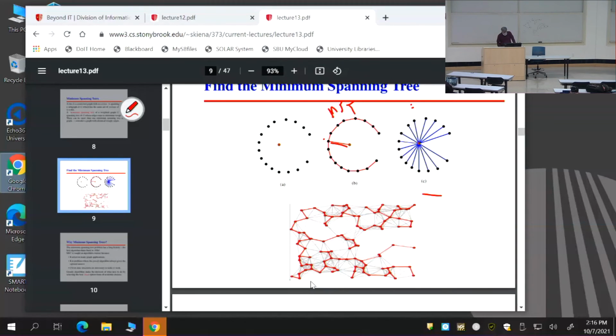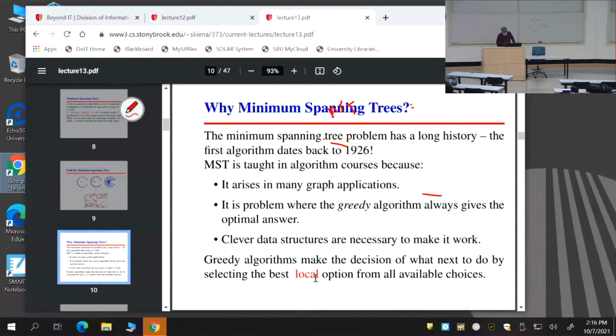Now, why on earth would we want to compute a minimum spanning tree? Well, certainly, I'll tell you why we want to talk about it. There's a bunch of reasons why it comes up, and I'll show you that in a minute.